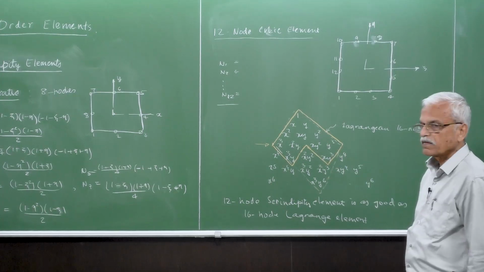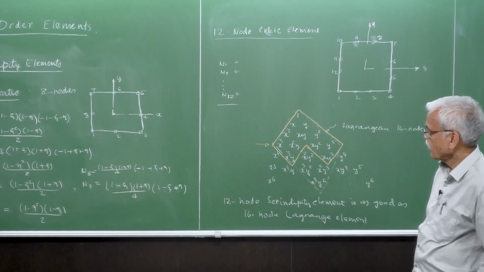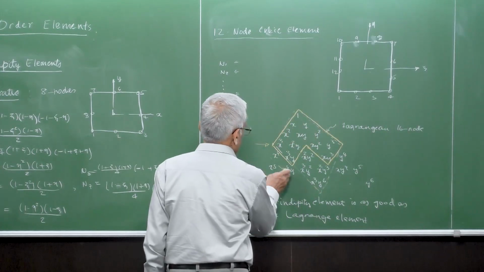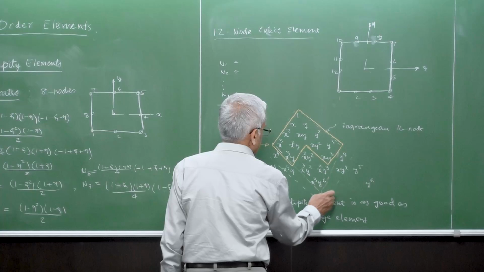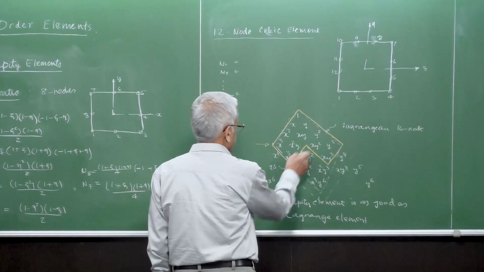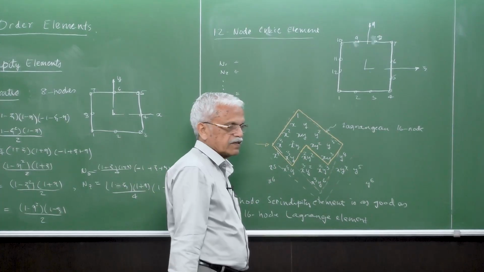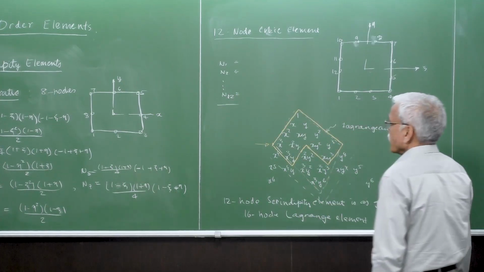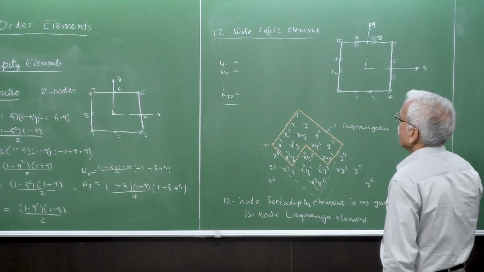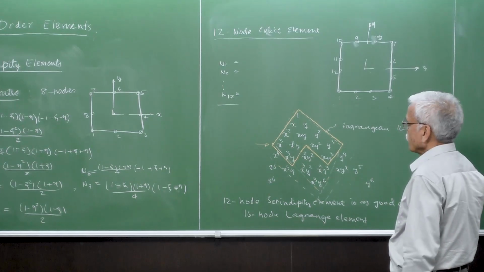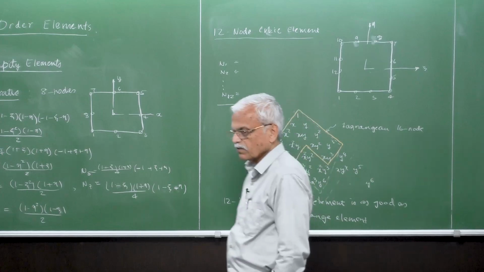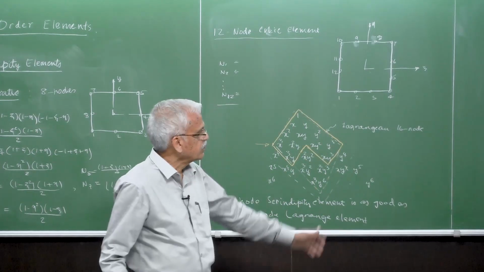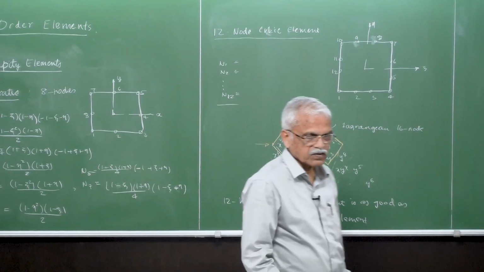So in fact, you can even go for the next one, 4 into 4, 16. So that may consist of all these things for Lagrange, but for this one, it will not have all of them. The next one is 5 into 5, so that is 25, out of which many nodes are eliminated. So these things you can see for yourself.